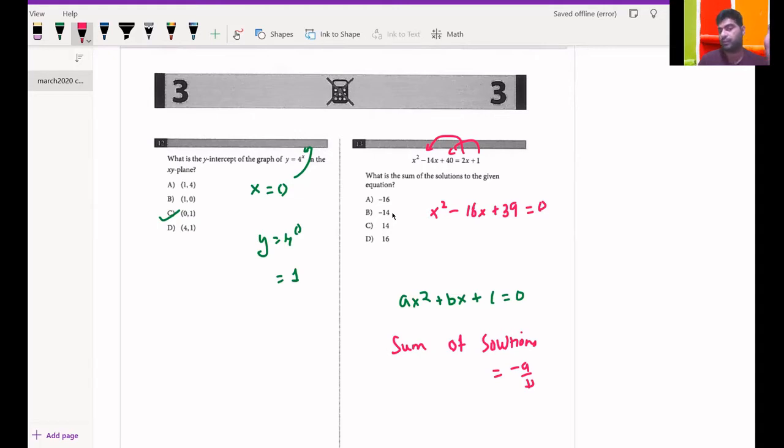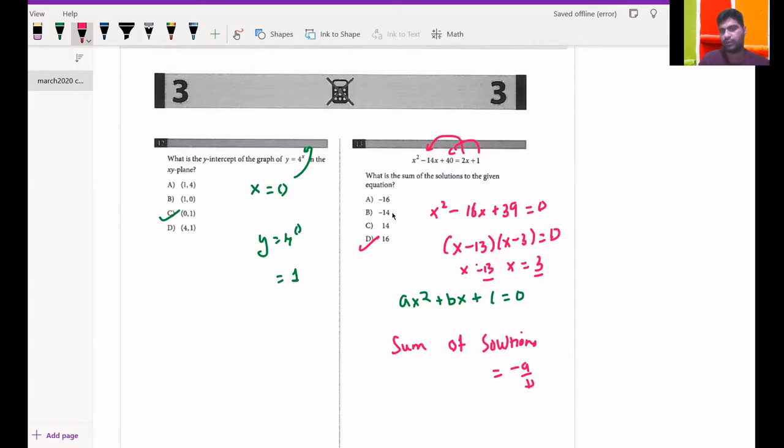So obviously -13 and -3. So (x minus 13)(x minus 3) is 0, x is 13, x is 3, and I want to find the sum of these. So 13 plus 3 is 16, D. So minus a over b doesn't work.